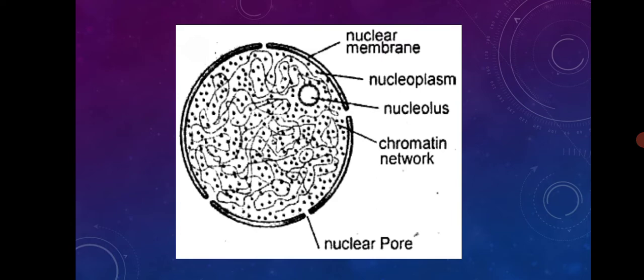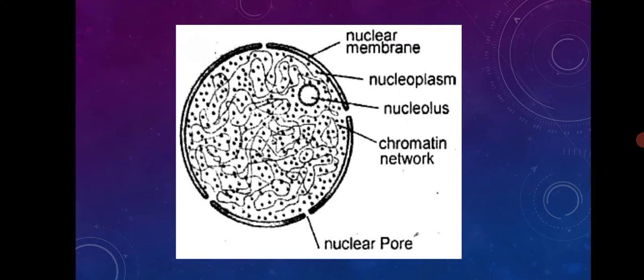The outer membrane of the nucleus is continuous with the endoplasmic reticulum and may bear ribosomes on its surface, while the inner membrane is smooth. The nuclear membrane contains several minute nuclear pores. Nucleoplasm: it is the viscous fluid enclosed by the nuclear membrane. It contains enzymes, ribosomes and chromatin network.